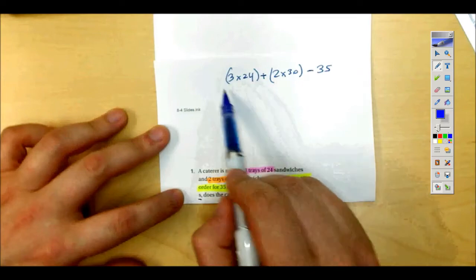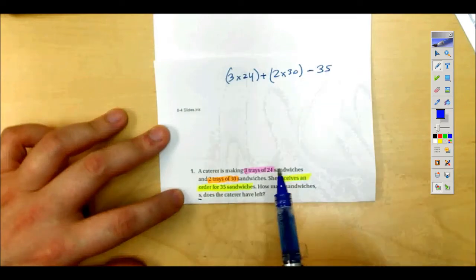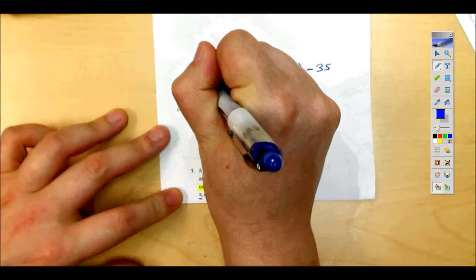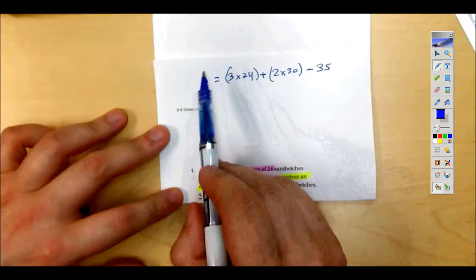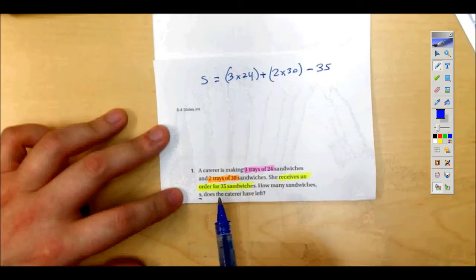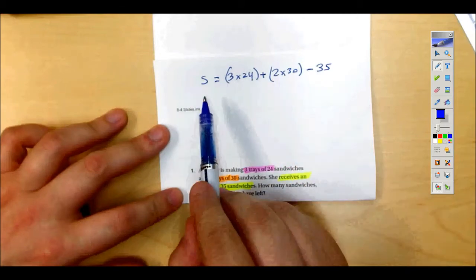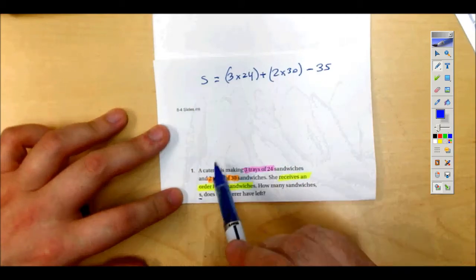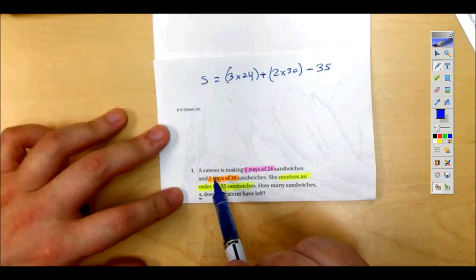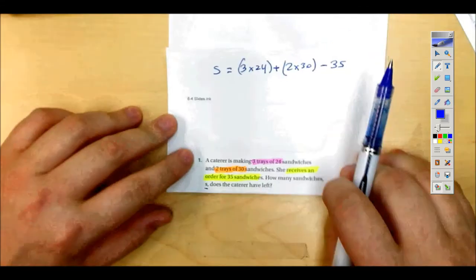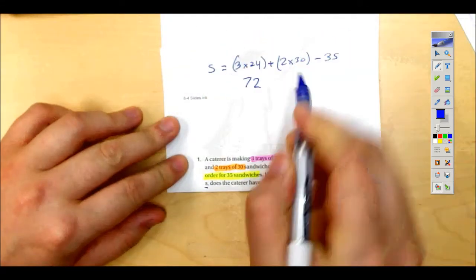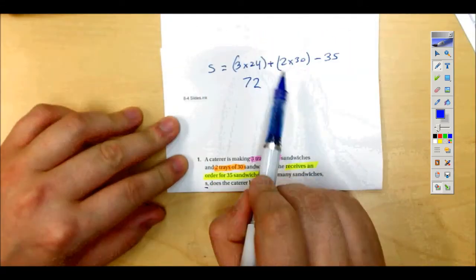How many does she have left? Well, this expression tells me how much she had left, and the letter is S. That stands for sandwiches. And so we have the entire problem in one big equation here. And if we just use PEMDAS to break this down into a single answer, we will get our answer. Let's do that. 3 times 24 is, we already did that, so that is 72. Notice I'm doing multiplication first.